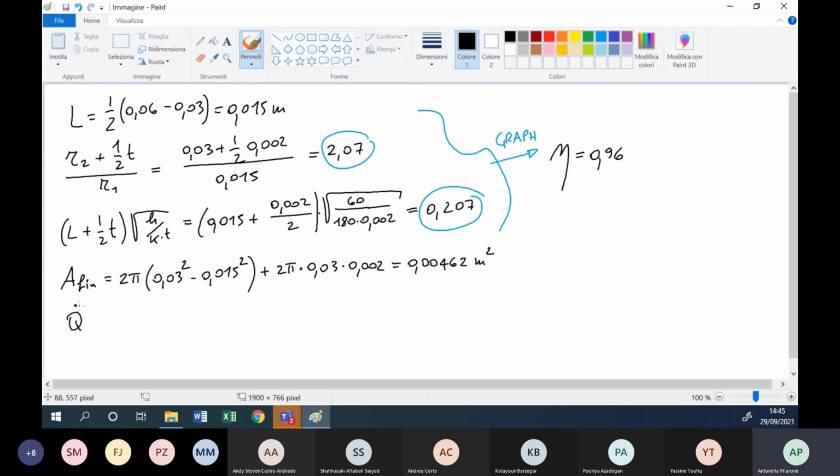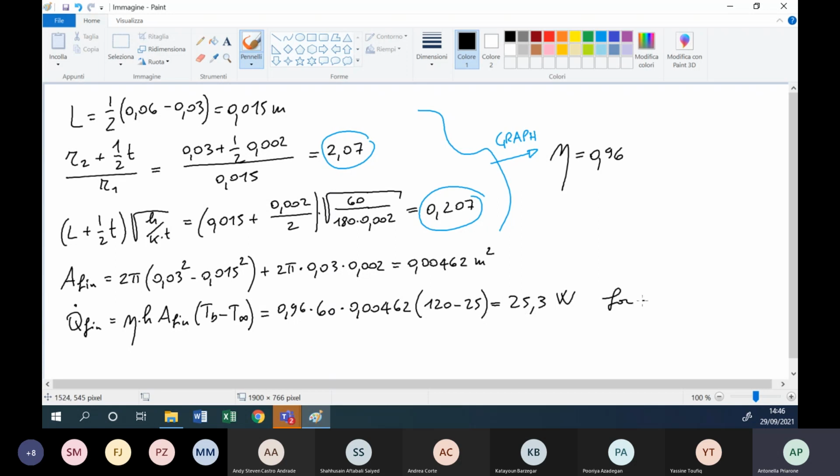Q fin is equal to eta, the efficiency, h, A fin, times TB minus T infinite. This is for one fin, and is equal to 0.96 by 60 by 0.00462 by 120 minus 25, equal to 25.3 watt for one fin.